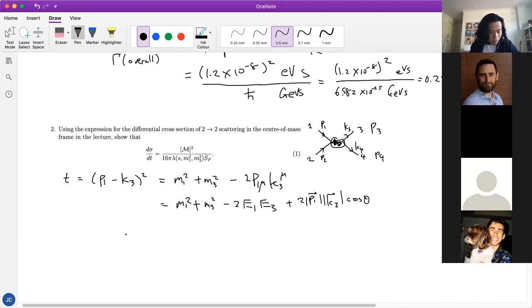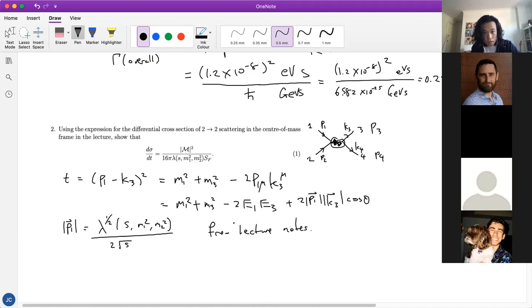Now if you recall from the lectures, if you work from the energy momentum relations and then use the Mandelstam variable S, you can derive this relationship where the momentum P1 is given by the Callan function of S, M1 squared, M2 squared, divided by 2 square root of S. So this is from lecture. You can derive this from the energy momentum relation, but you can just take that from lecture notes.